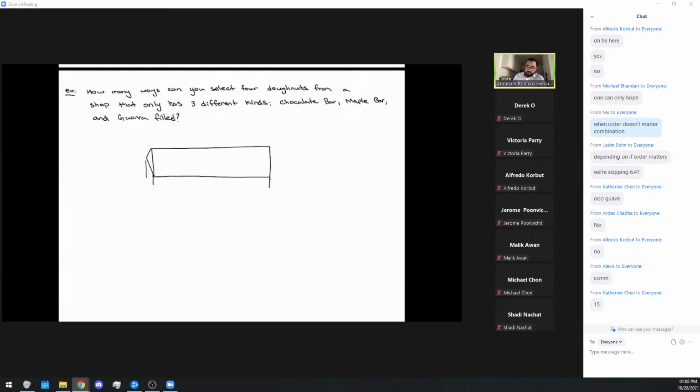Let's not go three-dimensional on it. Let's just keep it simple. Okay. And then we have the chocolate ones here. We have the maple bar here. And we have the guava one here.